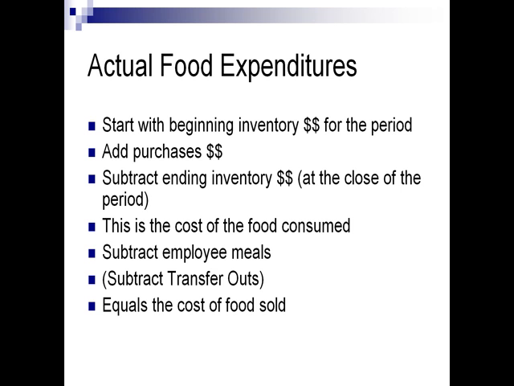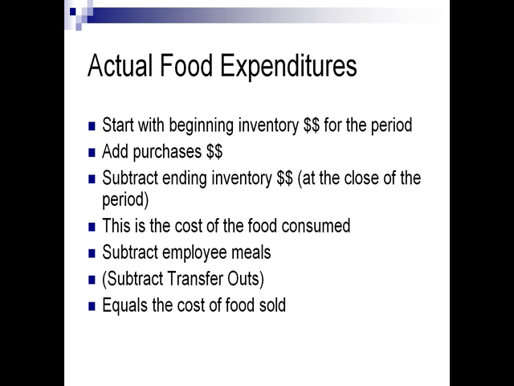Throughout the week I bought $50 more worth. And then at the end of the week I had $100 of it left over. So I started with $150. I bought $50 more, so that's $200, and I had $100 left over at the end. So that means during that week I consumed, or the cost of the food that was used up was $100. So we start with what we had in the beginning, we add in our purchases, and we subtract out what's left over, and that's going to tell us how much food we went through.